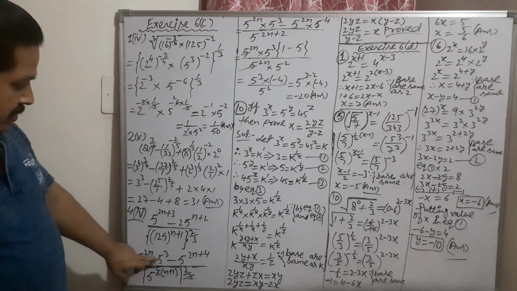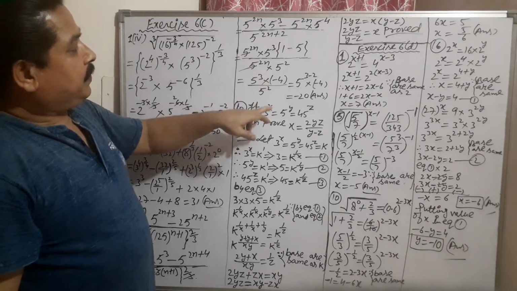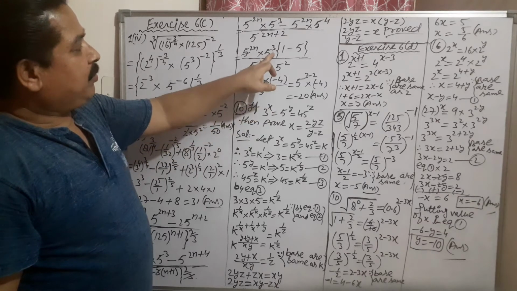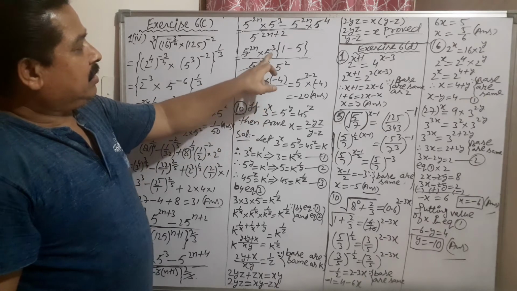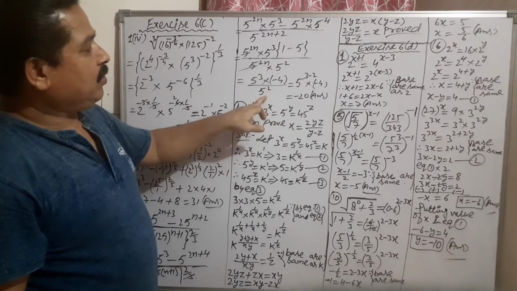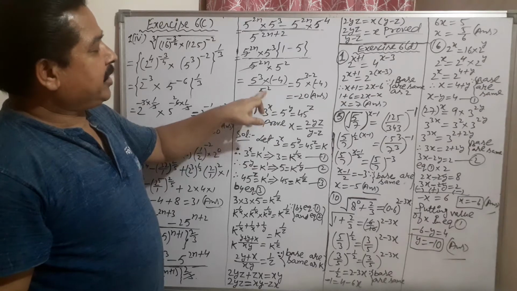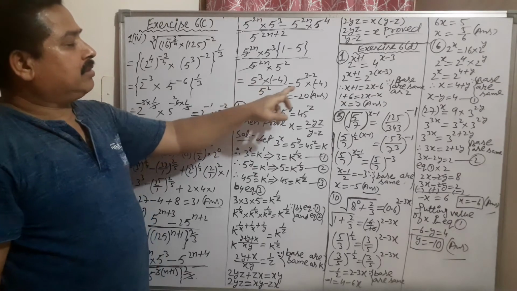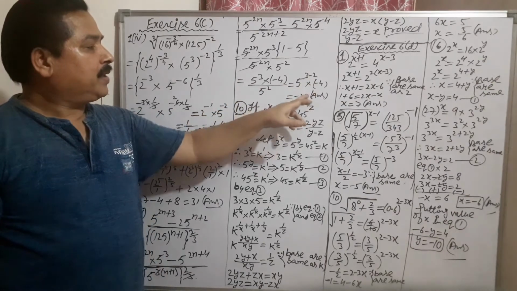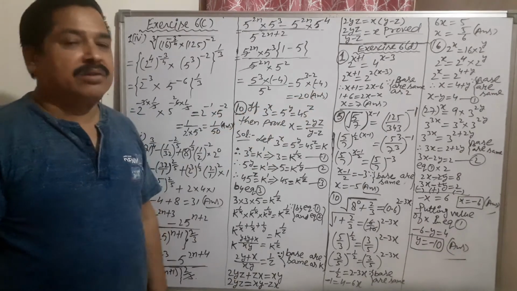Like this. And now this will be cancelled. And similarly 5 to the power 3 is here and it is minus 4. And down is 5 to the power 2. When you take it up, the power will be minus. 5 to the power 3 minus 2. 5 into minus 4. Minus 20 is the answer.